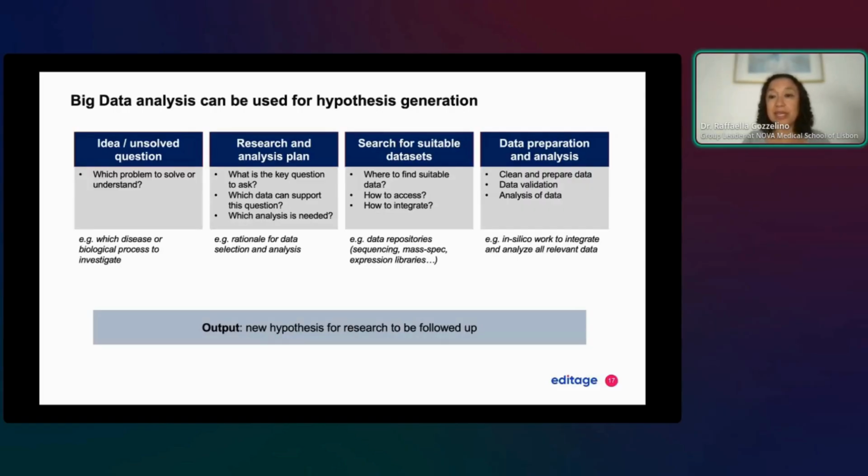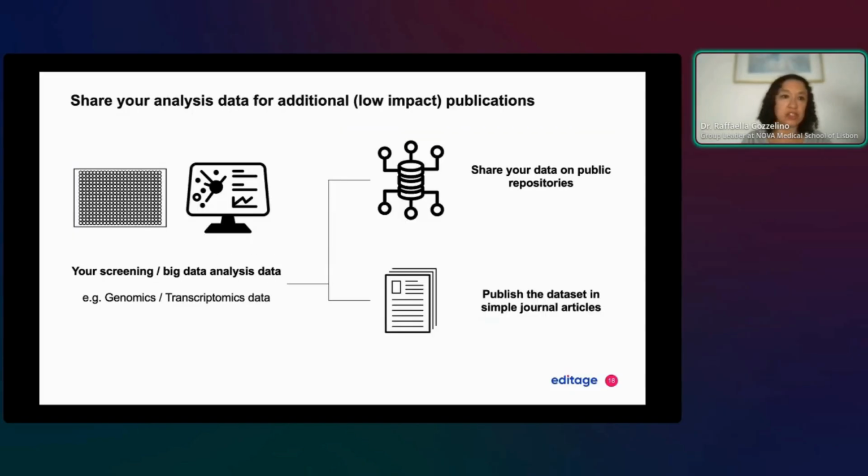So you clean and prepare the data, you validate the data on different settings, and you analyze those data, like for instance in silico work, to integrate and analyze then all relevant data. So the output is a new hypothesis for research to be followed up. So how you can indeed use all these tools to continue your research.